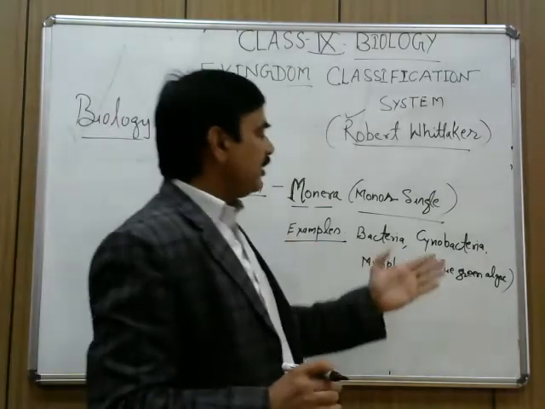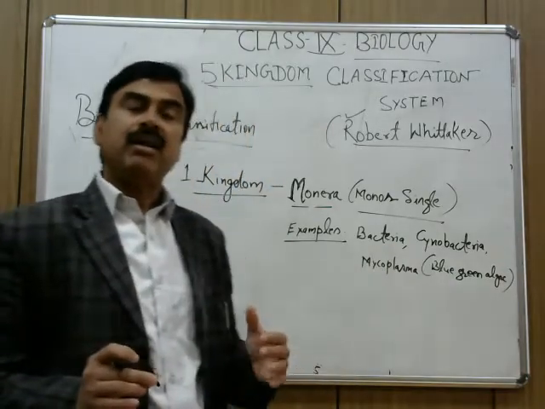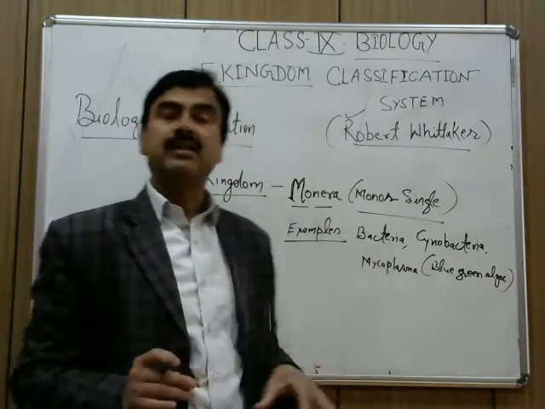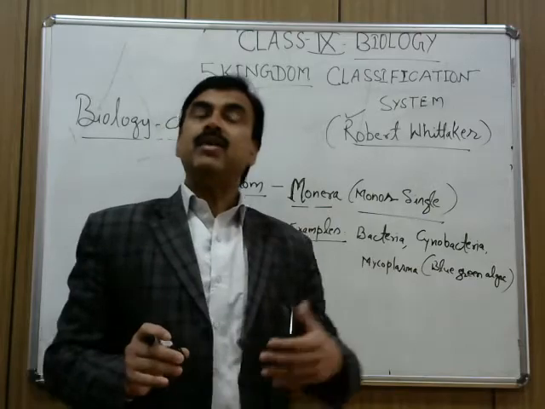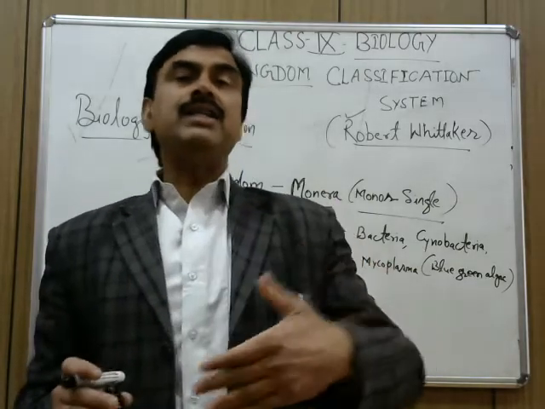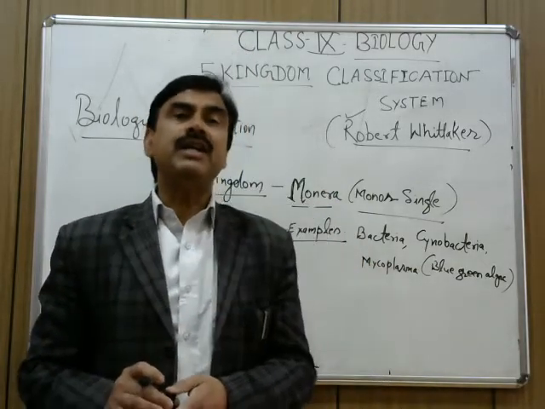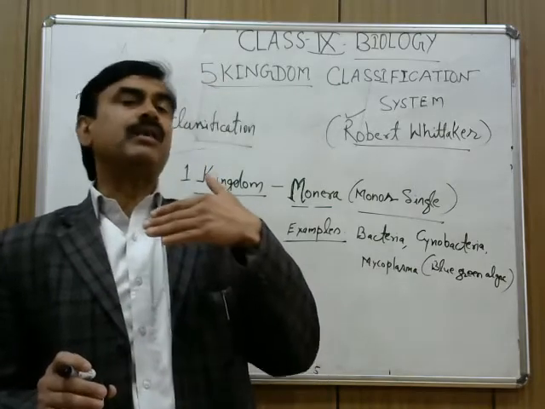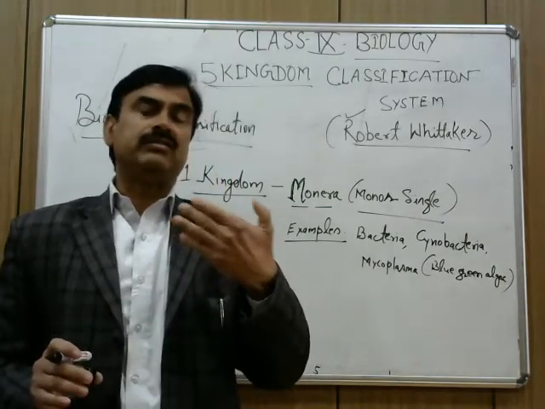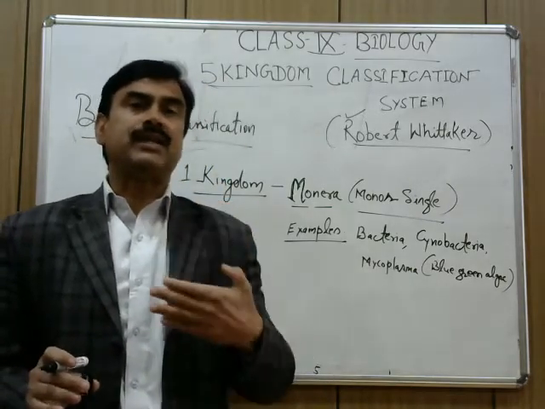So bacteria, cyanobacteria, mycoplasma are members of this kingdom. In the Monera, all these are non-green. Some bacteria are photosynthetic, like sulfur bacteria.